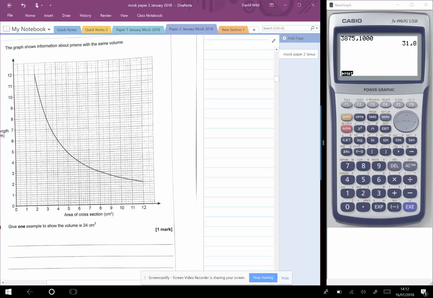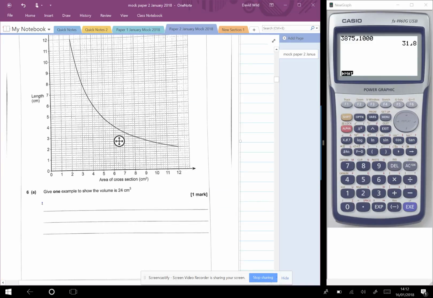Now, the first thing you need to remember with this question is that the volume of a prism is the area of cross-section multiplied by, I beg your pardon, by the length.